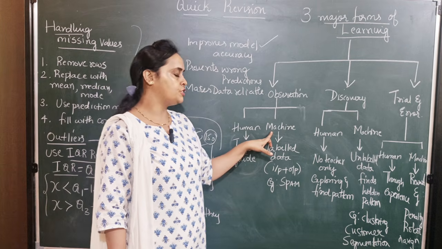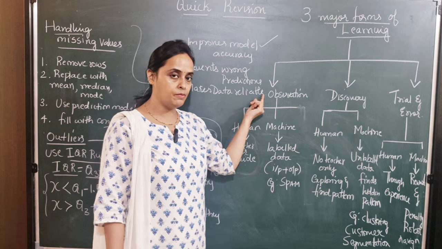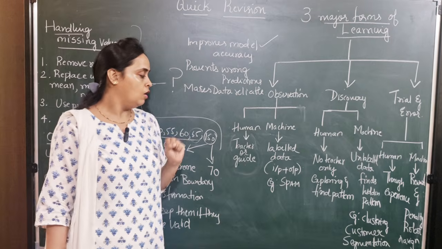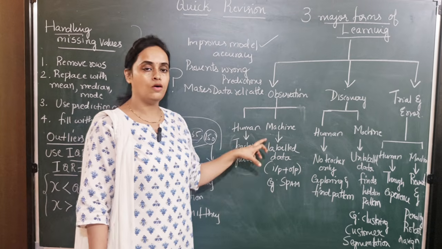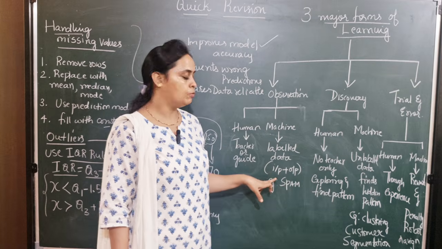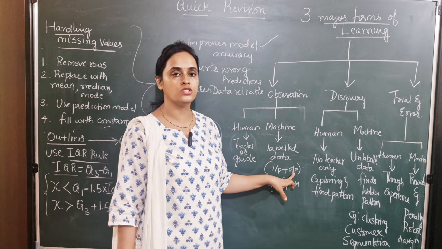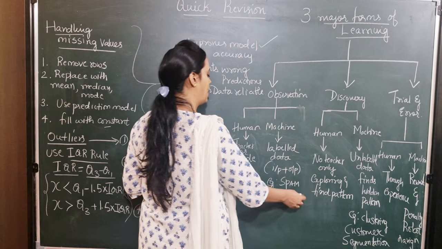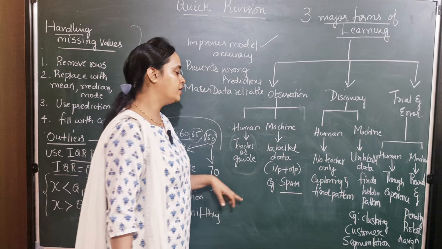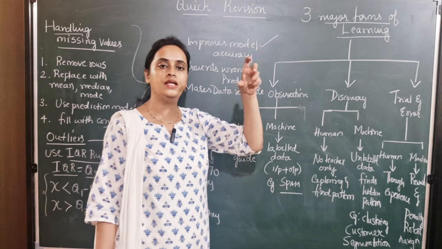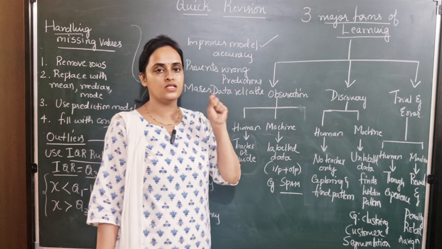When it comes to machine, how does it learn by observing? It is because of labeled data. The data observed has both inputs and outputs. This is known as labeled data. A very good example is spam detection, where the input is mail, and the output is a label, whether it is spam or not spam.